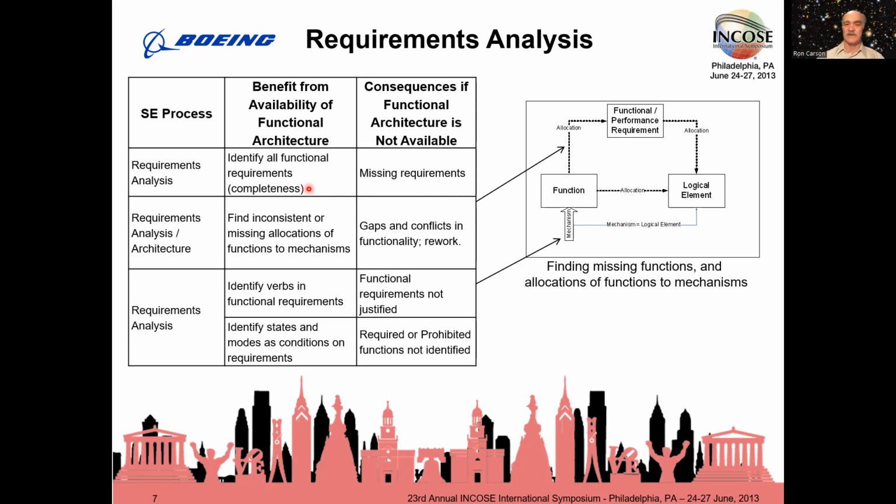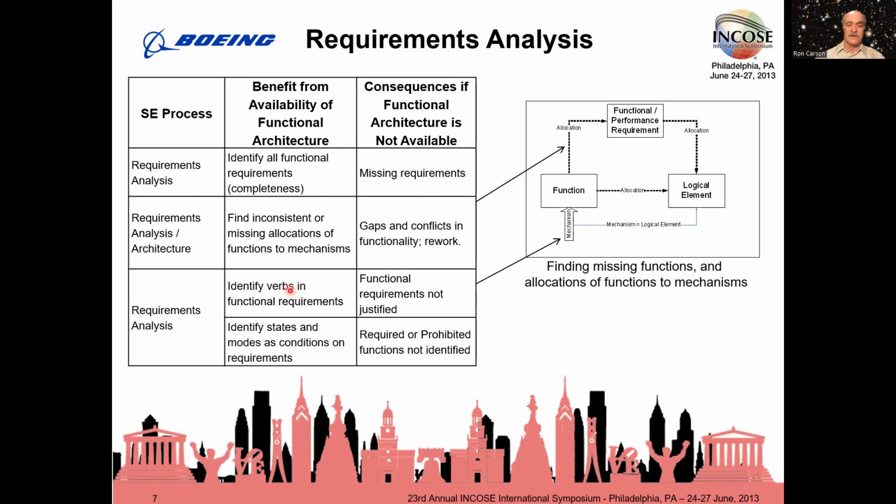If we don't have the functional architecture, we're likely going to be missing requirements because our derivation of requirements is largely a decomposition of parent requirements without considering all the functional and system behavior related to that. We can also find inconsistent or missing allocations because we have a functional architecture or system model, and so we can avoid gaps and conflicts of functionality, and this is validated by having a simulation.